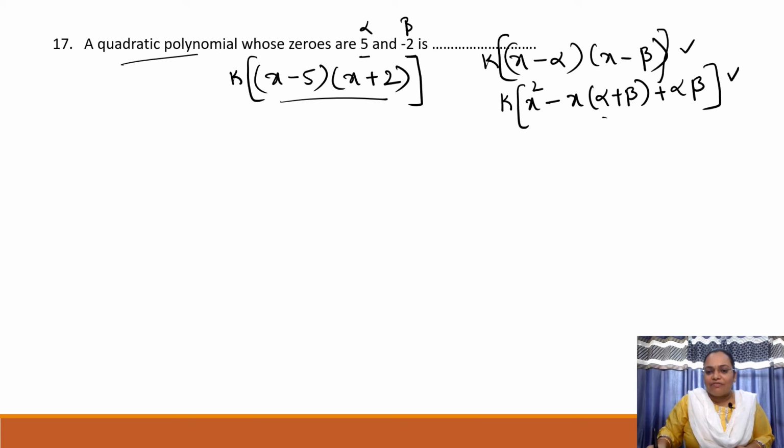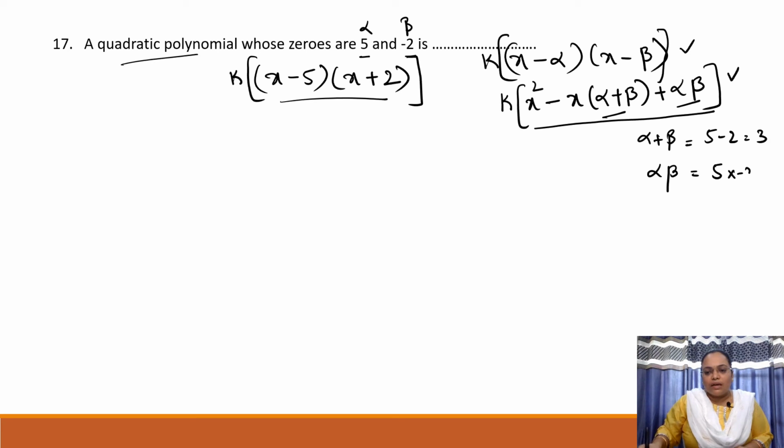If you take alpha plus beta and alpha beta and substitute in this, you will get a quadratic polynomial. Okay, now let us take alpha plus beta and substitute in this. That is alpha plus beta is 5 minus 2, which is 3. Alpha beta is 5 into minus 2 is minus 10.